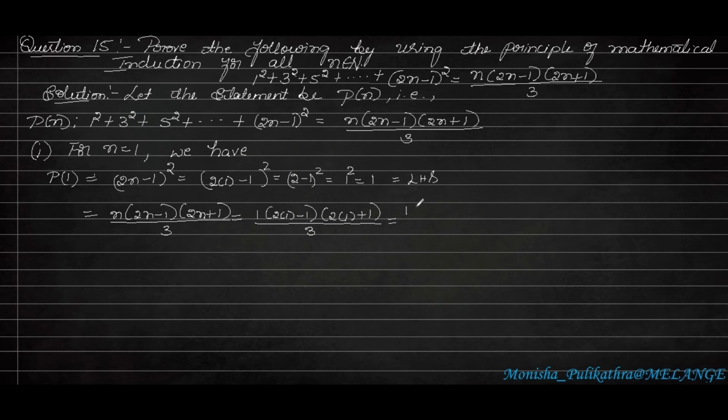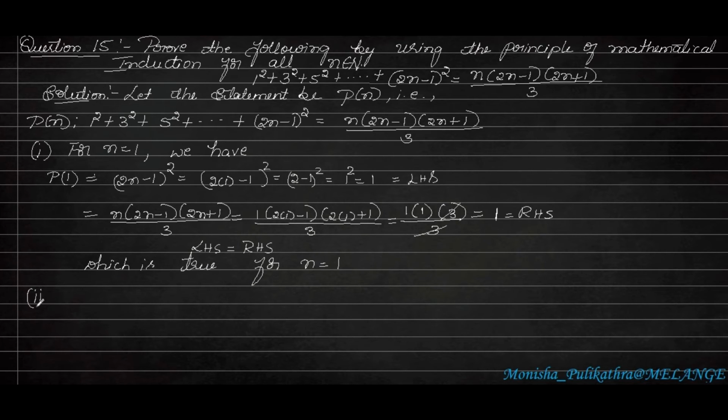So here 1 into 2 into 1 is 2, 2 minus 1 is 1 itself, into 2 into 1 is 2, 2 plus 1 is 3 whole divided by 3. So here 3 cancels. So the remaining will be 1. That will be RHS. So here LHS is equal to RHS. So since LHS is equal to RHS, this will be true for n is equal to 1.